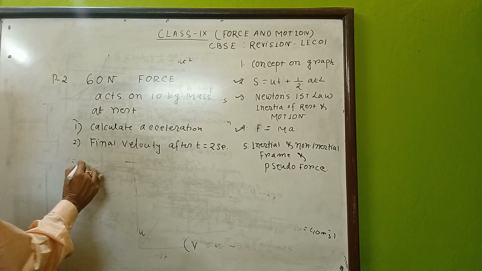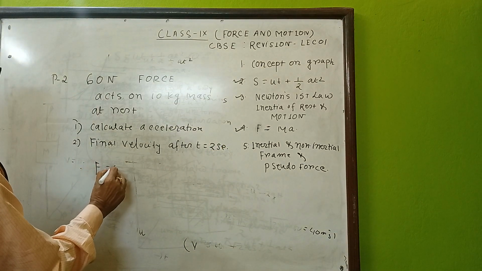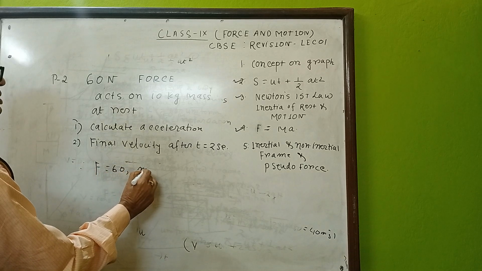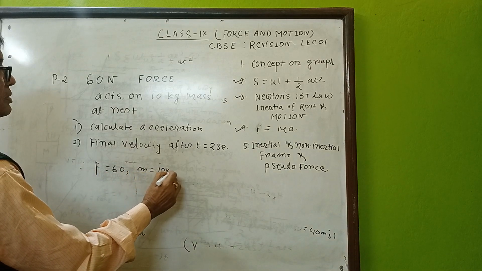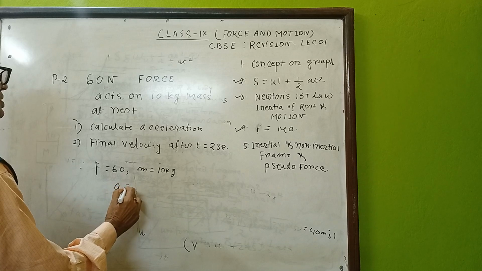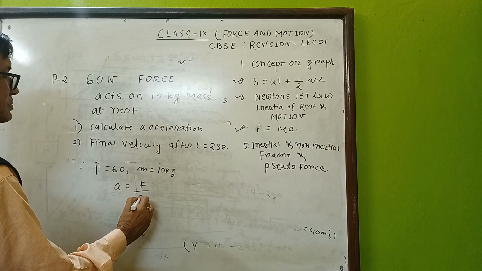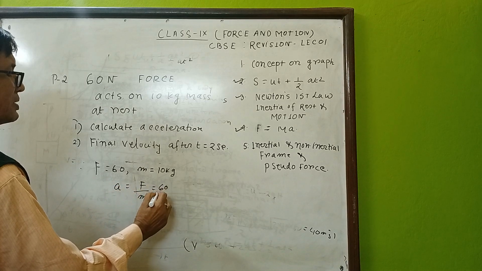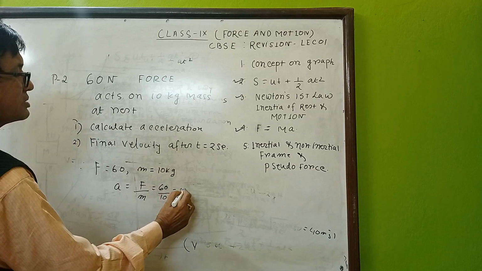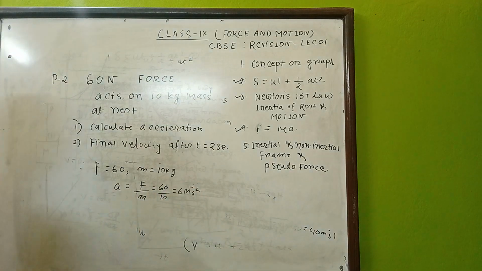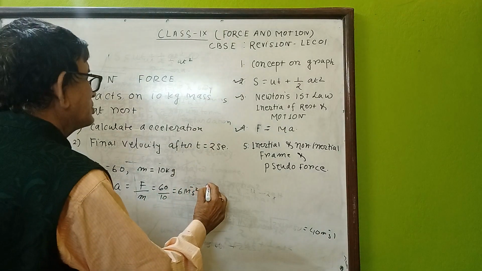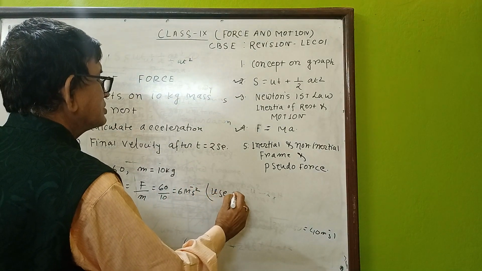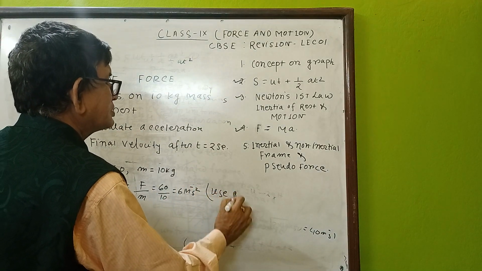So what will you do? Force F equal to 60, mass equal to 10 kg. To obtain acceleration, you divide force by mass: 60 by 10. You get 6 meters per second squared. This is the acceleration. You are using force equal to mass into acceleration.